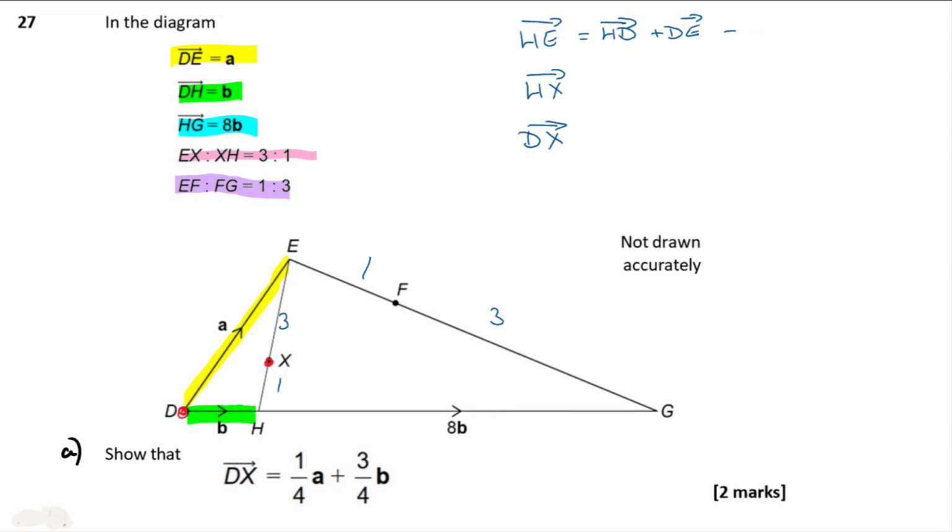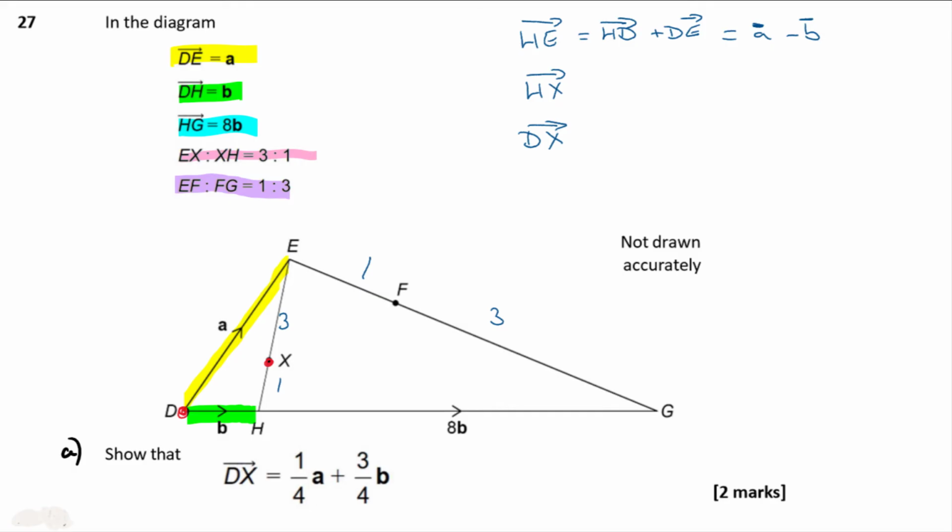Because it's minus B that is the H to D part, and then A is the D to E part. I can't draw bold, so I'm going to draw those with little hats on like that. Right, so I've done that one.